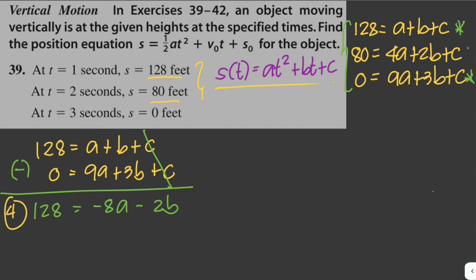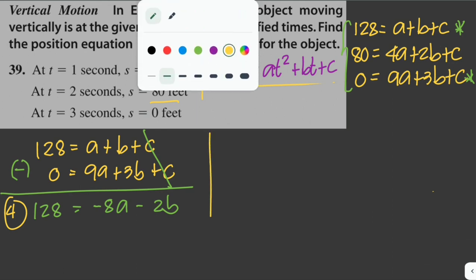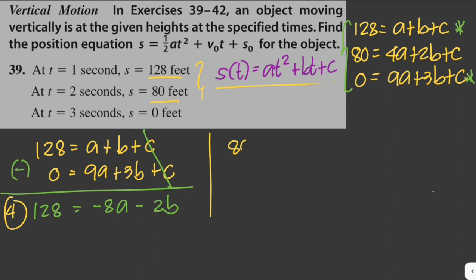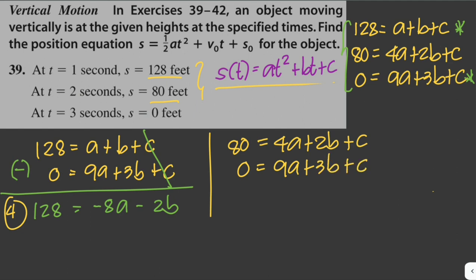And then we can solve the second equation and the third equation. 80 equals 4a plus 2b plus c, and 0 equals 9a plus 3b plus c. We subtract to eliminate c.